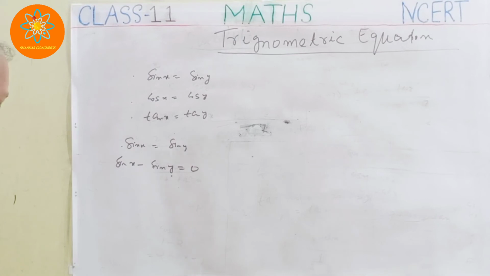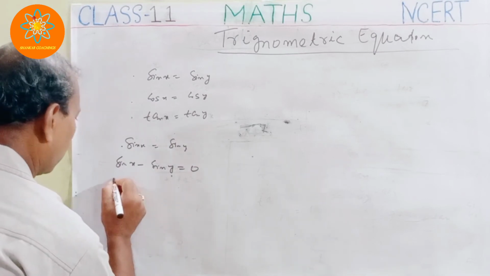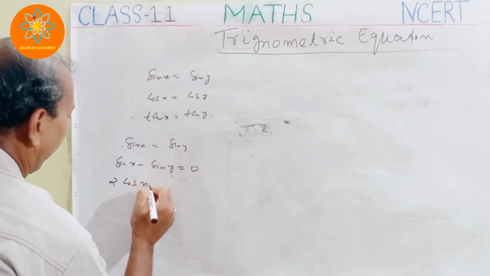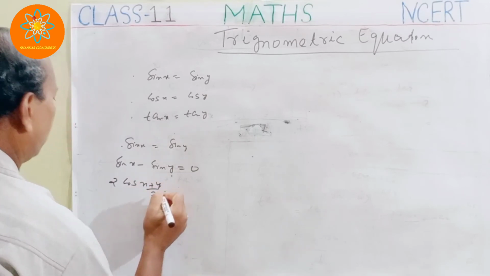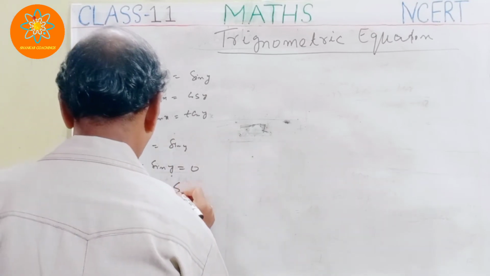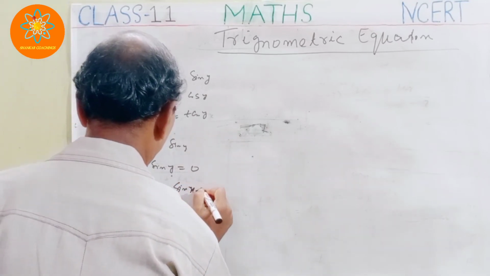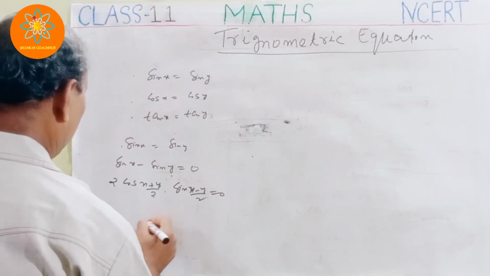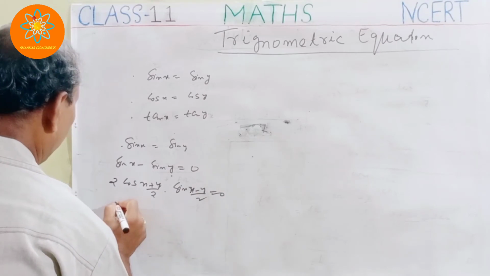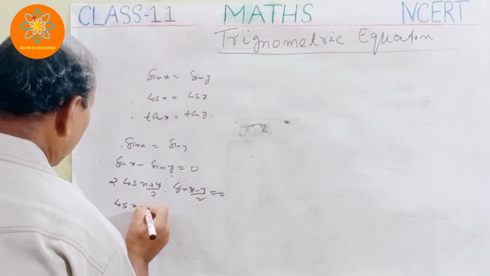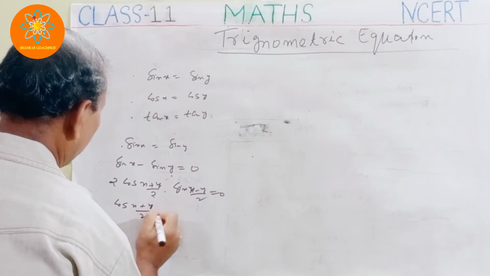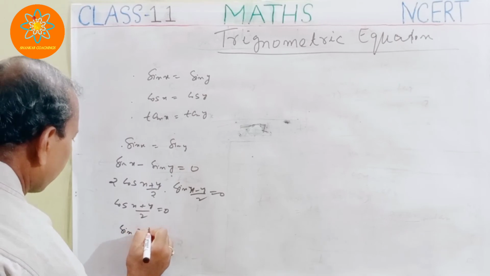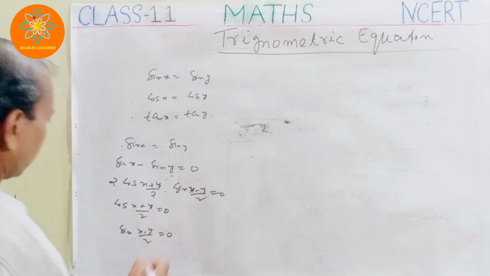So what is the value of this one? This is 2 cos of (x plus y)/2 into sine of (x minus y)/2 is equal to 0. So two cases are here. One is cos of (x plus y)/2 is equal to 0, and then sine of (x minus y)/2 is equal to 0.